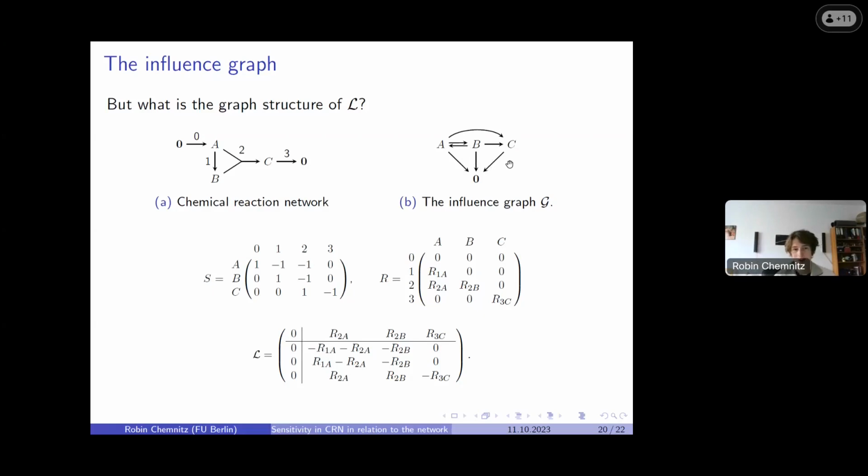But of course, then we will get an interesting graph structure. And this graph structure will then be the graph structure of this generalized Laplacian, where we can find divided tree pairs and so on. Okay, thank you.